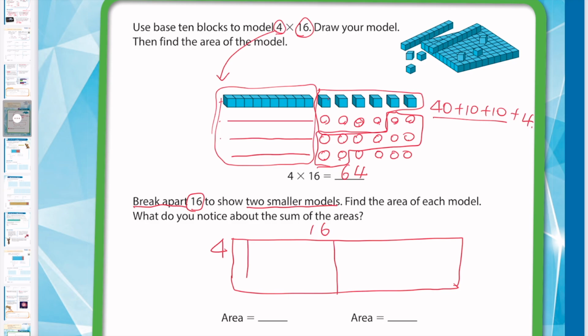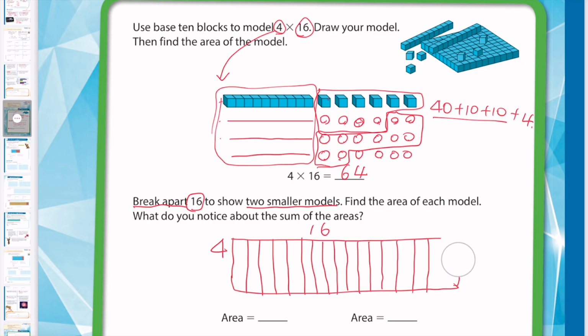Half, 1, 2, 3, 4, 5, 6, 7, 8, 1, 2, 3, 4, 5, 6, 7. Okay, I need to change this a little bit. Yeah, it's too big. So let's count. 1, 2, 3, 4, 5, 6, 7, 8, 9, 10, 11, 12, 13, 14, 15, 16. All right, and we need what? 4 rows. So I'm going to split half and half and another half.